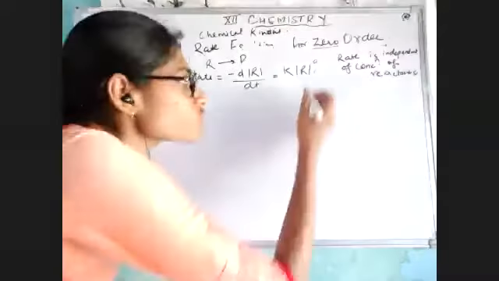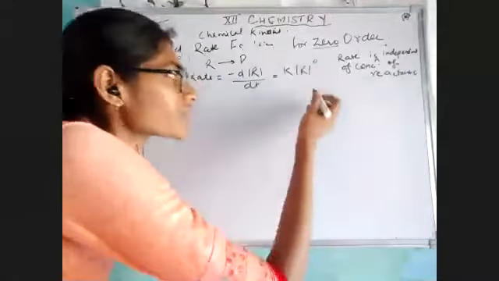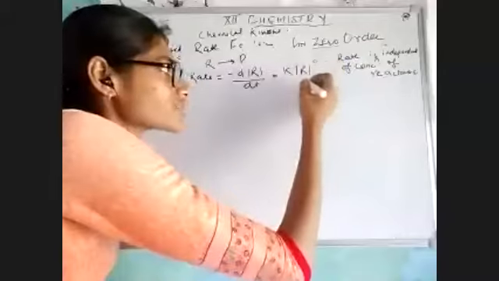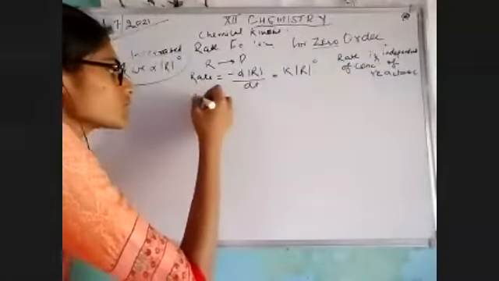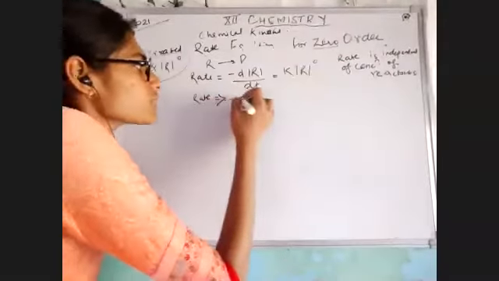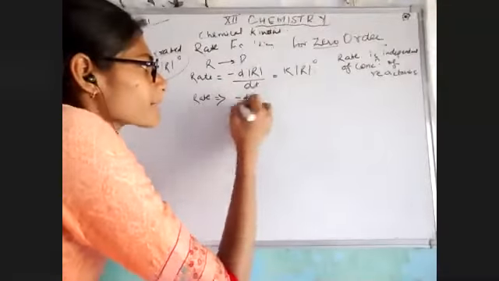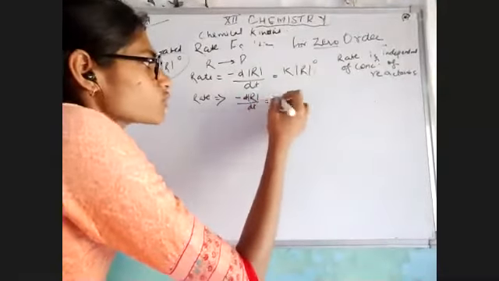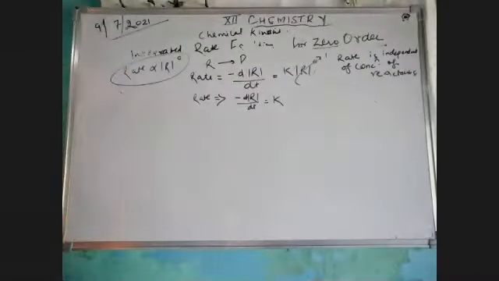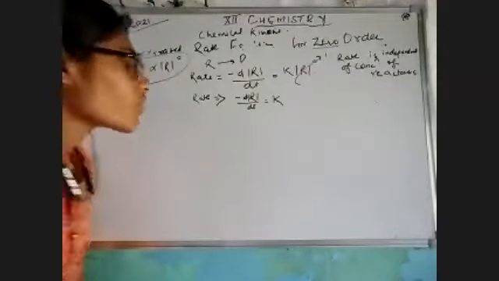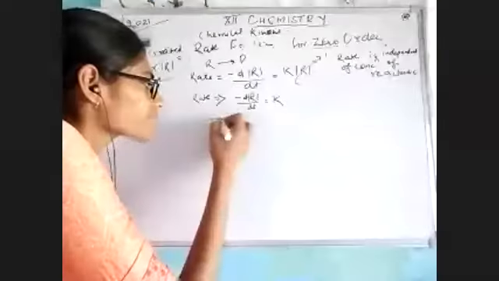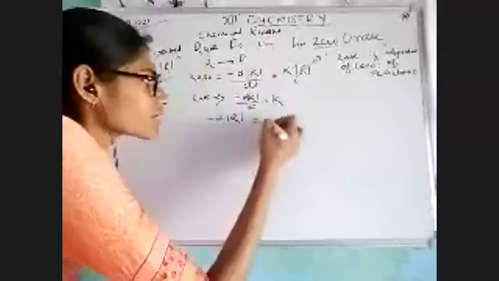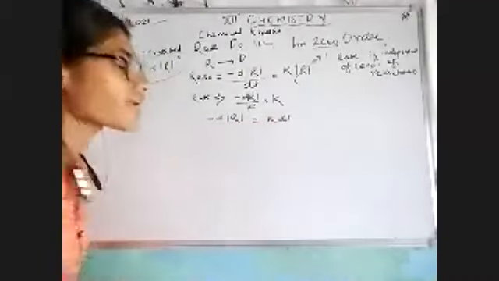As you know, any quantity which has a power of zero is equal to 1. So rate equals minus d[R]/dt equals k, or I can write it as minus d[R] equals k dt.